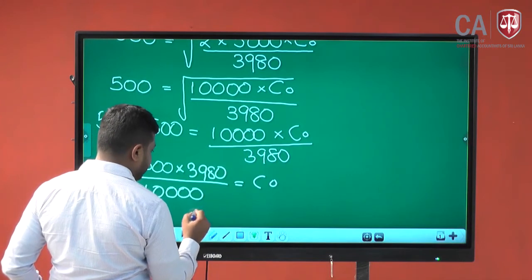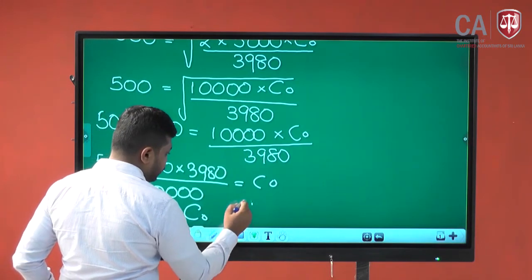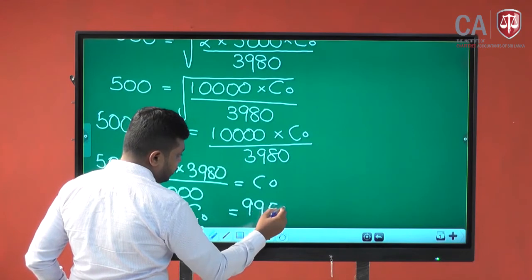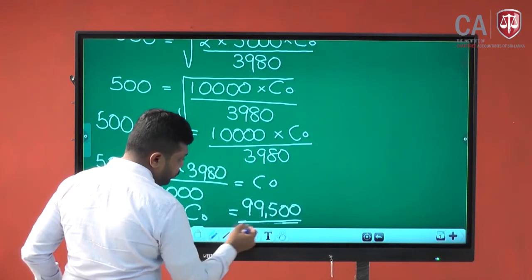The cost of ordering, CO, equals 99,500. Now you know the cost of ordering.